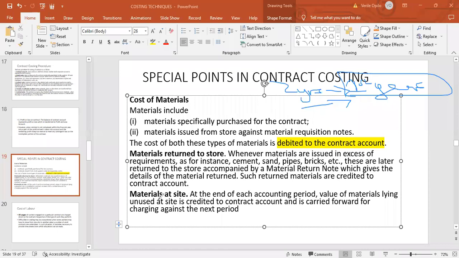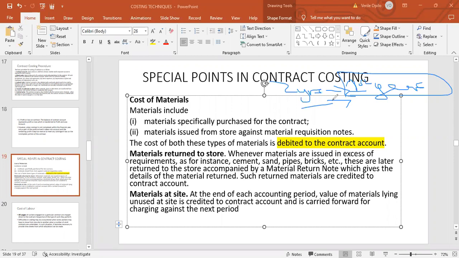Yes, we had taken them from the company's warehouse and taken them to the site, but by the time we were closing the financial year, with regard to this particular contract, we had not utilized these materials. So these materials are lying unused at the site.